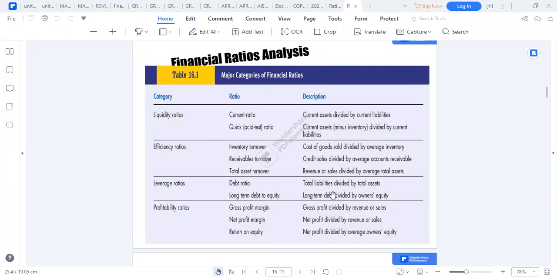Then we also have profitability ratios: the gross profit margin, the net profit margin, the operating profit margin, and the return on equity, with the respective formulas as has been given. Are we together so far? Any questions?